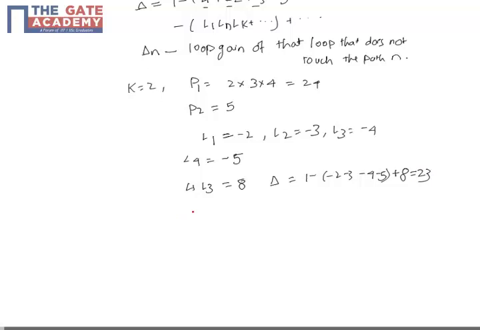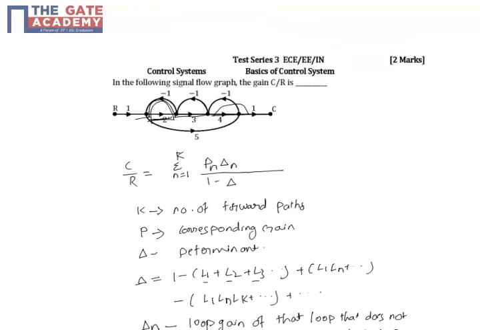Now we have to find delta 1 and delta 2. First, if we consider delta 2, there is this loop which does not touch this forward path, so it will be 1 minus the loop gain of this particular loop.